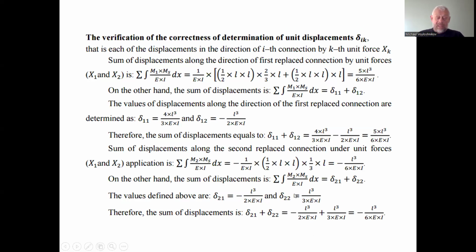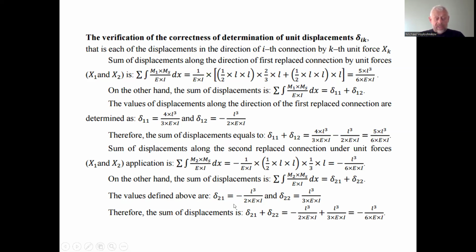And after substituting all this into the Moore integral using the Vereshchagin rule, finding this product of the integrand as a diagrams product, we find that it is equal to minus, in the numerator L cubed, and in the denominator 6 times the rigidity index of the frame.